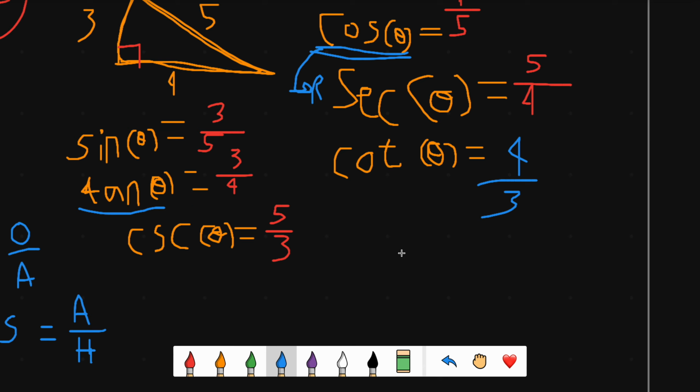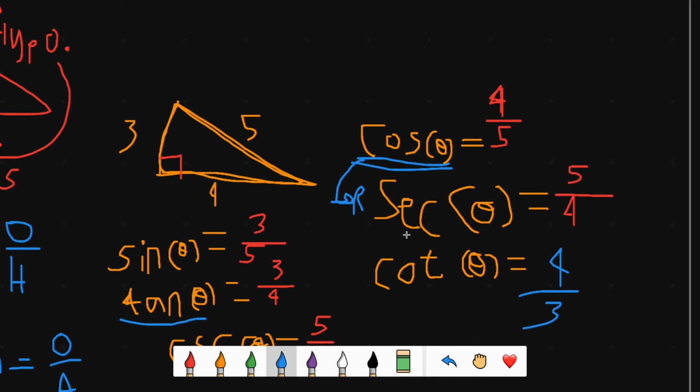Cotangent is the reciprocal of tangent. Tangent is 3 over 4, and cotangent is the reciprocal of 3 over 4, which is 4 over 3. The reciprocal of tangent is cotangent. So this 3 over 4 will be 4 over 3.